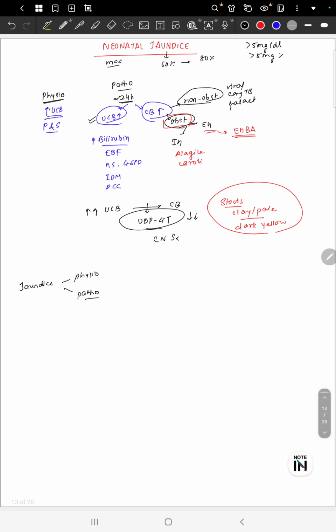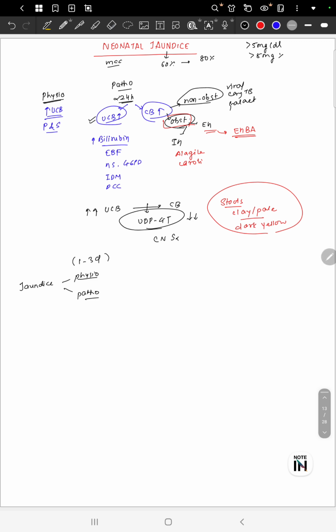If the child arrives 1 to 3 days after birth, then that is mostly physiological jaundice. Apart from that, in pathological jaundice, palms and soles can be involved, while in physiological jaundice, palms and soles are never involved. However, for palms and soles to get involved, the serum bilirubin levels need to be very high, but newborn patients arrive early.